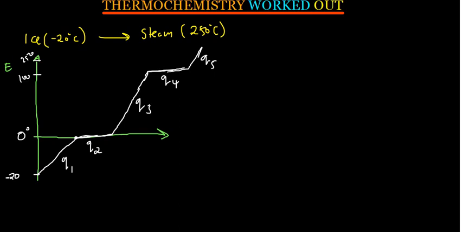These are the energies that you need to calculate, and then you sum them up to give you the total energy required to convert ice at negative 20 to steam at 250 degrees. To calculate Q1, because we're talking about raising temperature, that will be given by specific heat capacity, that is mc delta T.